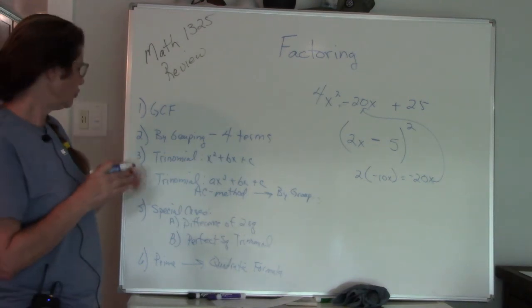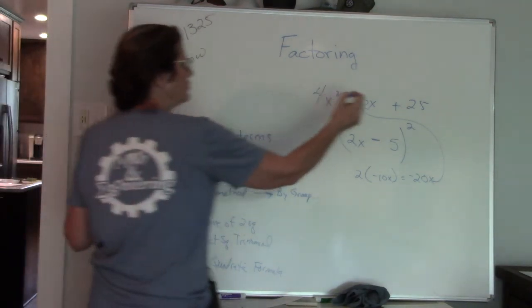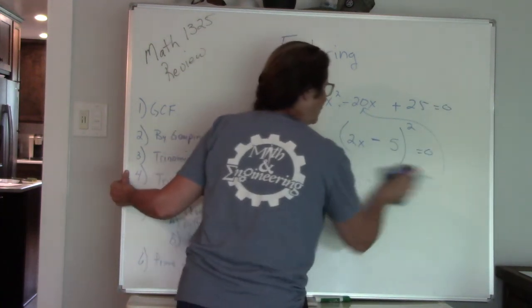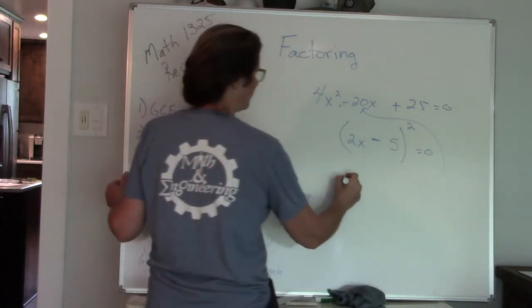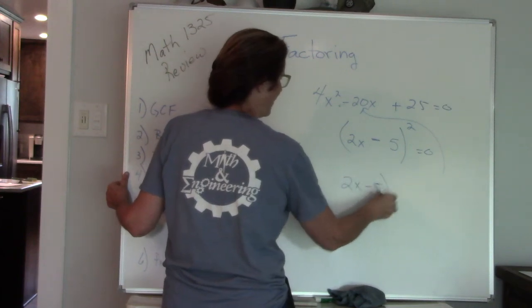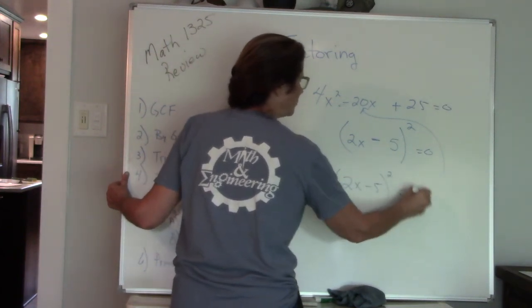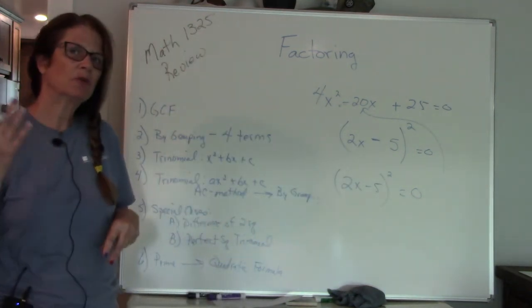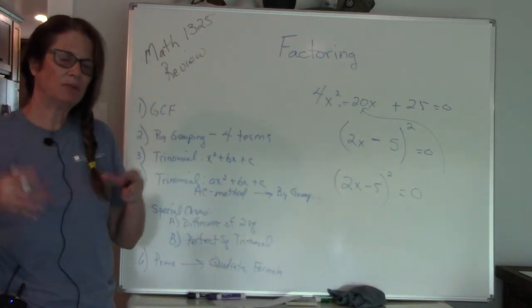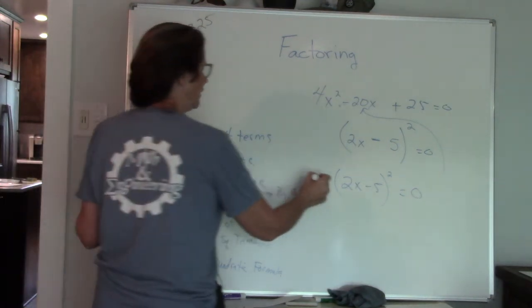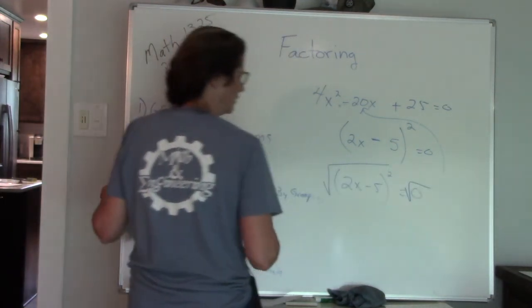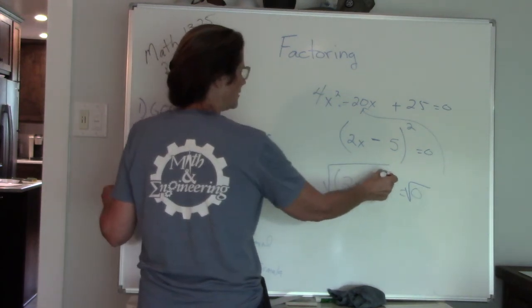Okay? And again, if this was set to equal 0, now I have to find out what x equals. So I have 2x minus 5 squared equals 0. What undoes a square? Remember your algebra skills. The square root undoes a square. So this square root sign undoes this.